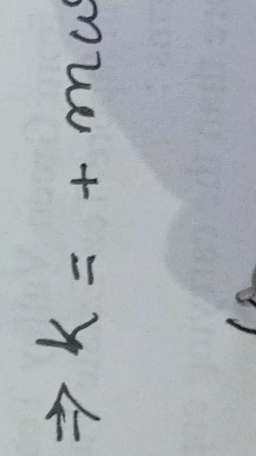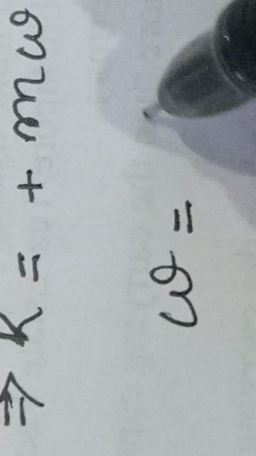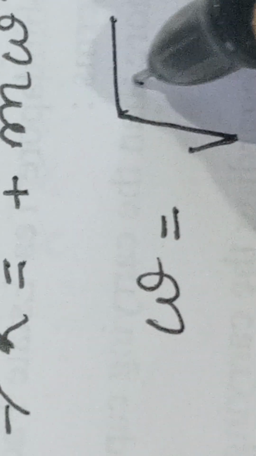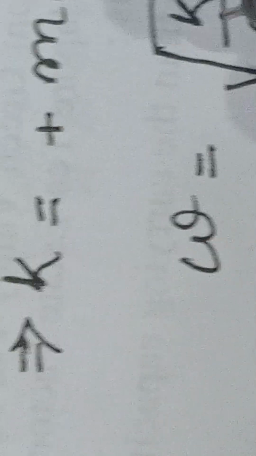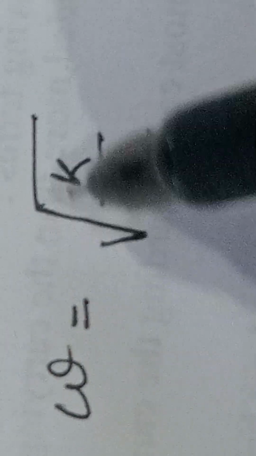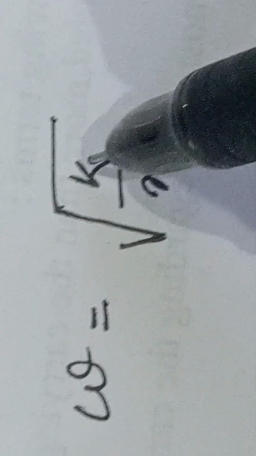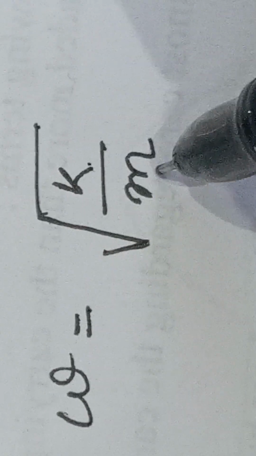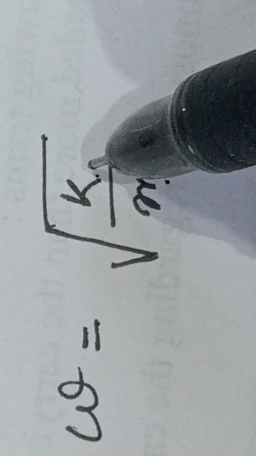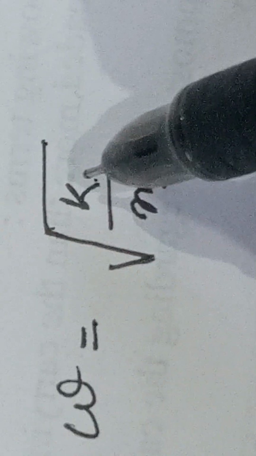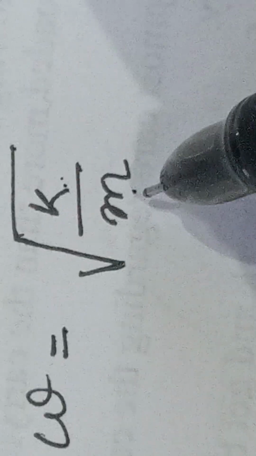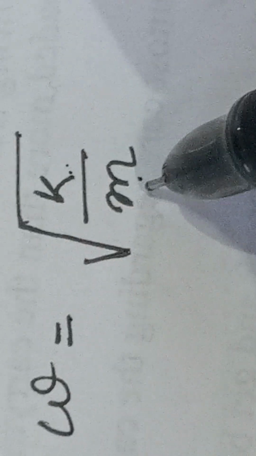So omega can be written as under root of k by m. Then omega is the expression of what? Square root of k by m. K is what? Here it becomes force constant and m is the mass of the particle.